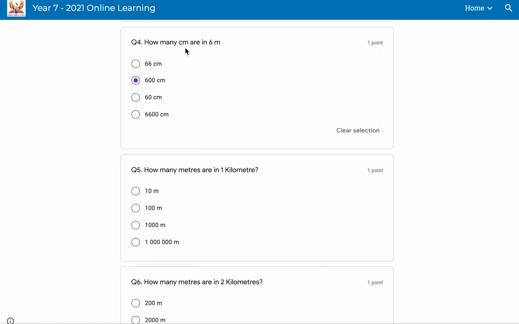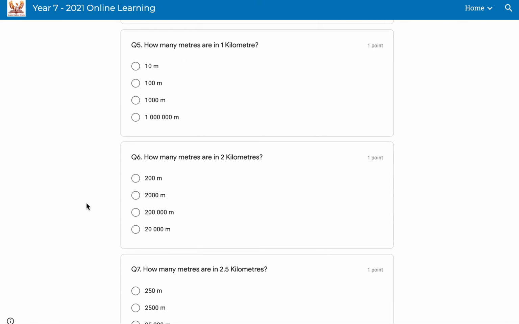So we need to multiply because we're going to be able to fit a lot more centimeters than we are meters. Yeah? In 6 meters of space, we can fit 600 little centimeters because centimeters are smaller, but we can only fit 6 meters. So we need a larger number of centimeters. So we need to multiply 6 times 100 will give you your answer.